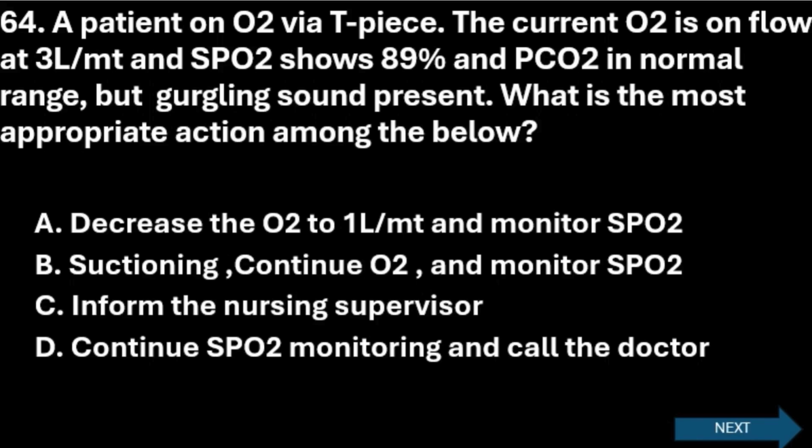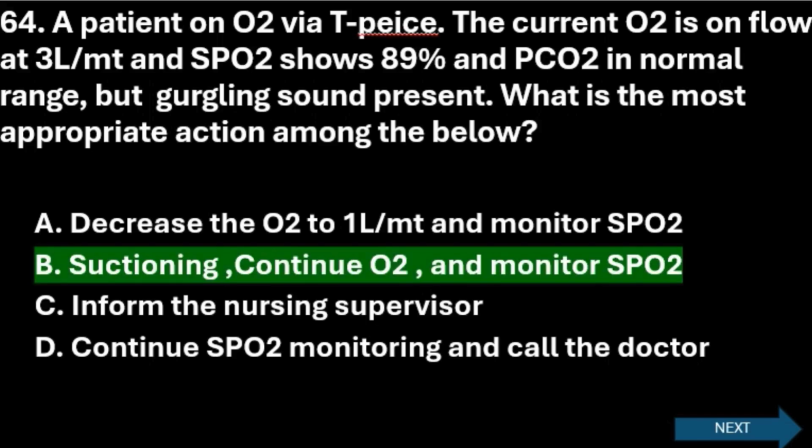Option B, suctioning, continue O2 and monitor SpO2. Option C, inform the nursing supervisor. Option D, continue the SpO2 monitoring and call the doctor. This is an application level question. Read it carefully, apply all the guidelines and protocols, and answer it. The right answer here is option B, suctioning, continue O2 and monitor SpO2.